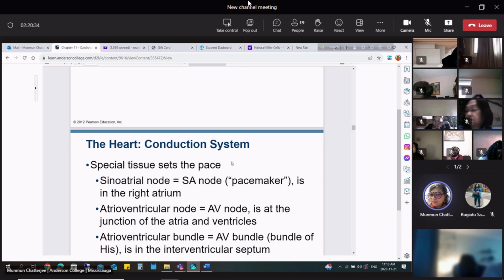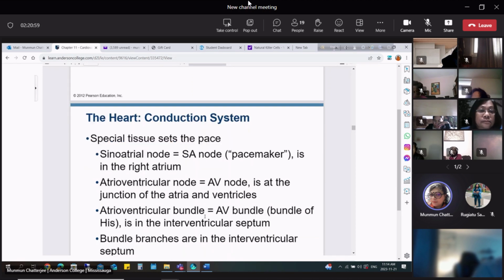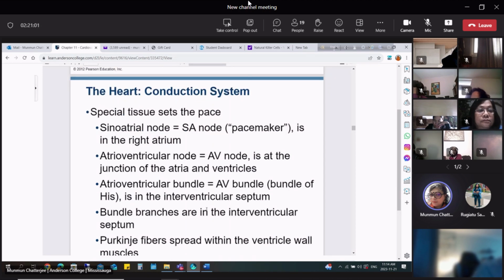It is in the interventricular septum, going from the atria to the ventricles, so that the electrical signals can be sent to the ventricle.